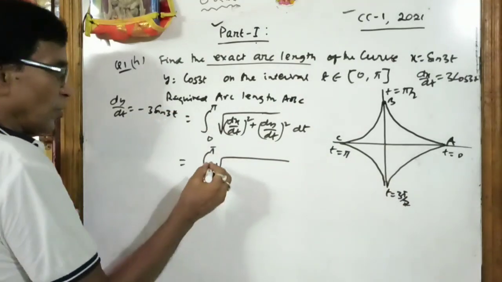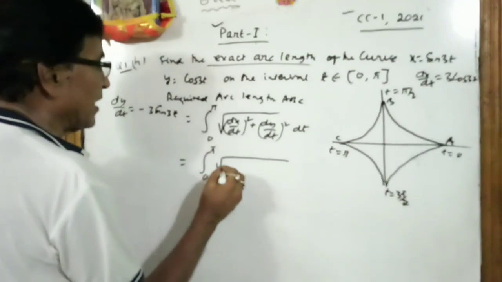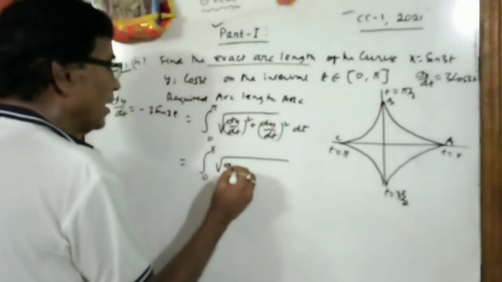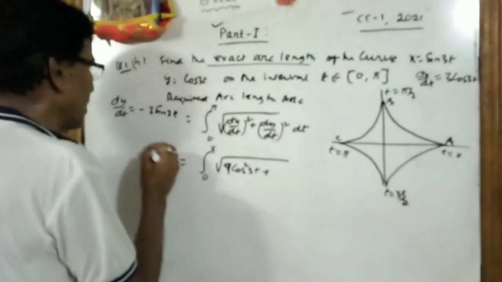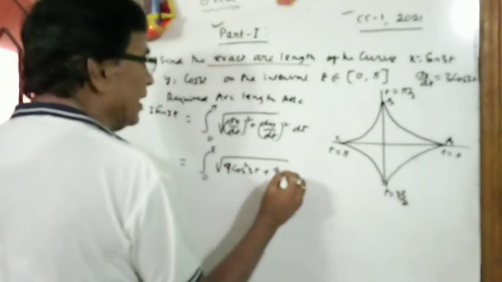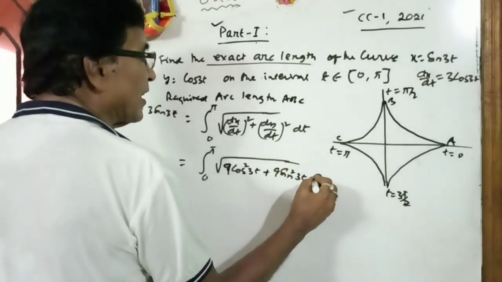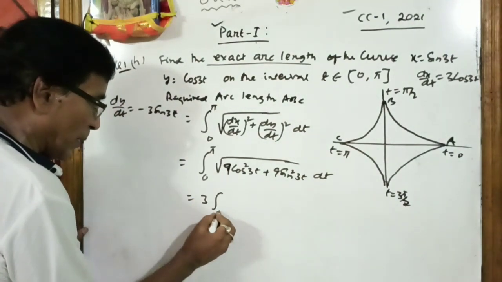So it is equal to square root of 9 cos square 3t plus 9 sin square 3t with respect to t. So that is equal to 3 times the integral from 0 to pi.